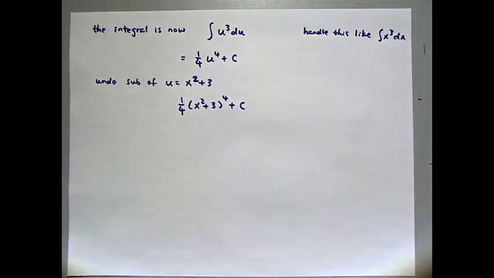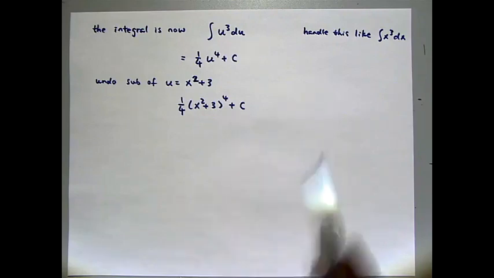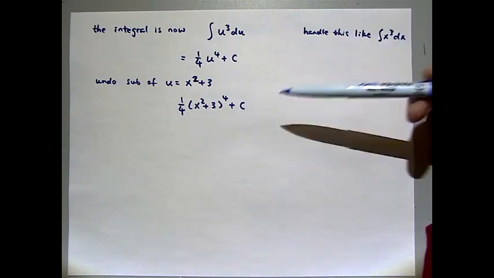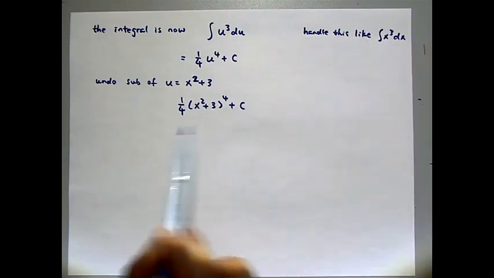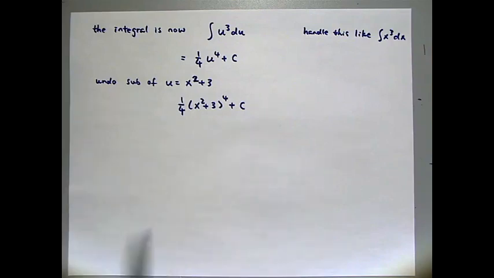Okay, and that's what we started with. We started with the function 1/4 (x squared plus 3) to the power of 4. The plus c, of course, means there could have been a constant that disappeared during the differentiation. But in the end, we ended up getting the most general antiderivative that matches what we started with.